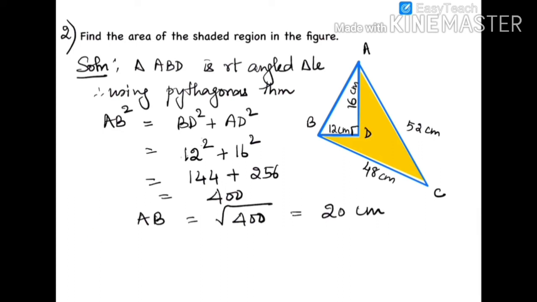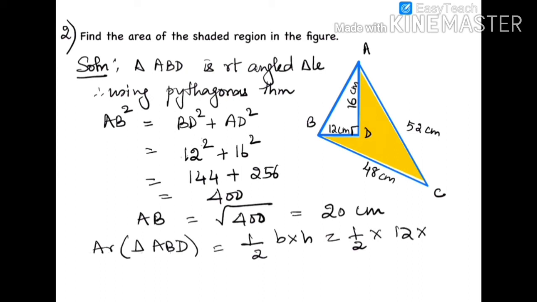Let's find the area of each of these triangles. So area of triangle ABD will be equal to half base into height. Now if I take the base as 12, then the height will be 16. So this is equal to 96 centimeter square.